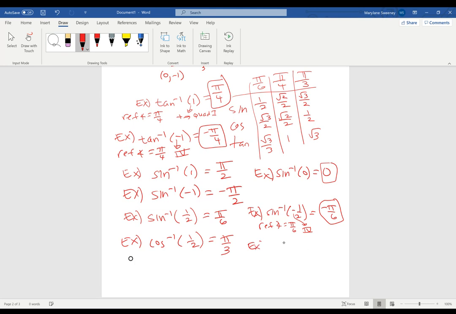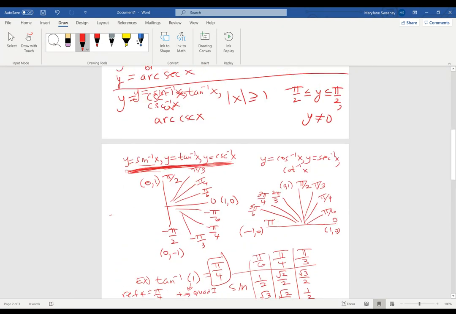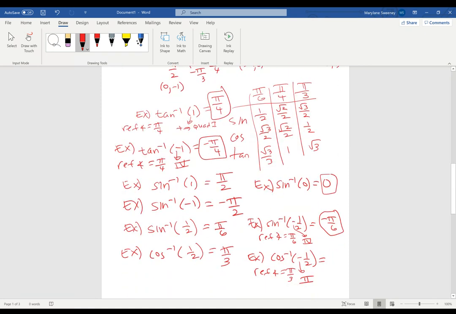If I said, what's inverse cos of negative 1/2? I still look at where cos is 1/2. That's pi over 3. Since this is negative, I'm in quadrant 2. Because again, for inverse cos, I'm looking either at quadrant 1 or quadrant 2, or I could be somewhere on the unit circle.